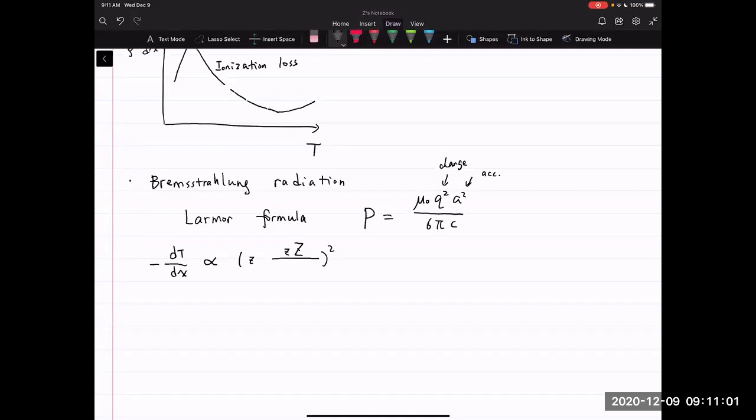Let's forget about the constant, and then the inverse of the distance, but we don't have a fixed distance here, so we don't have to consider that either. So the force will be basically proportional to small z times capital Z, and then divided by the mass. That will be the acceleration. If you collect these few terms, we get small z squared times capital Z divided by mass, and then squared.